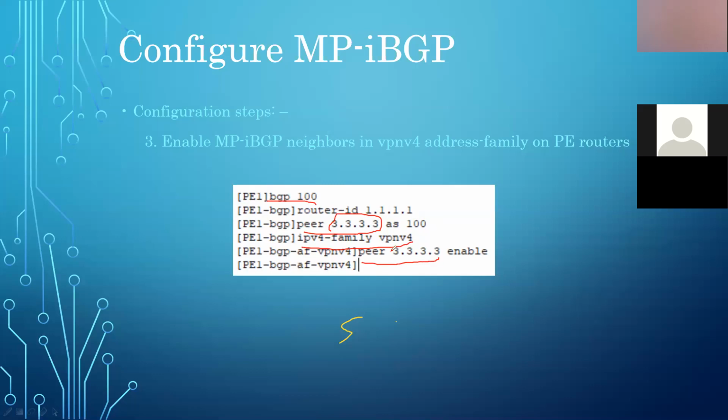This command is used to convert the normal IPv4 peering to the VPNv4 address family. After that, we will finish configuring IBGP. This is done on both PEs. We will see it in the configuration.